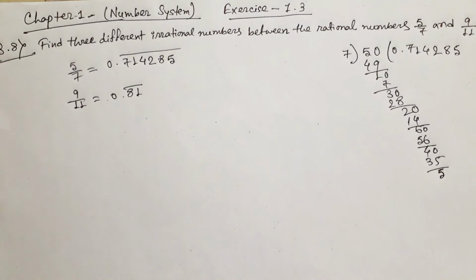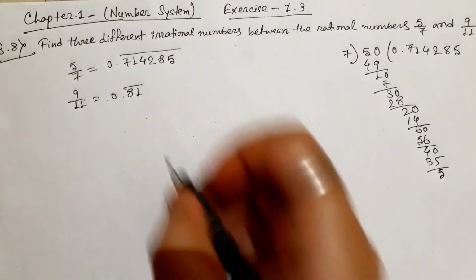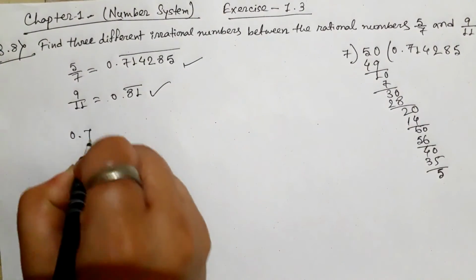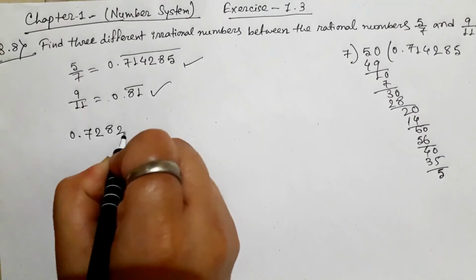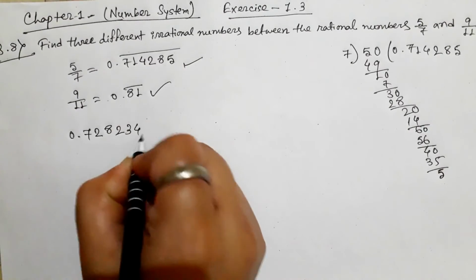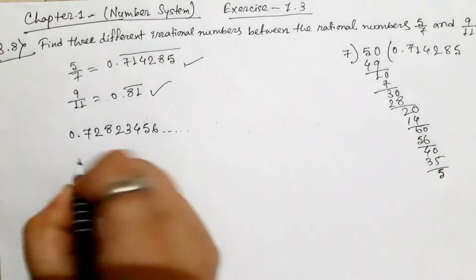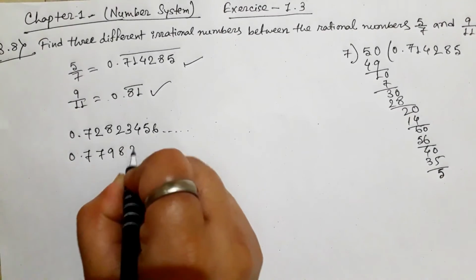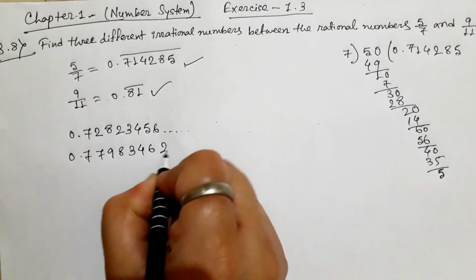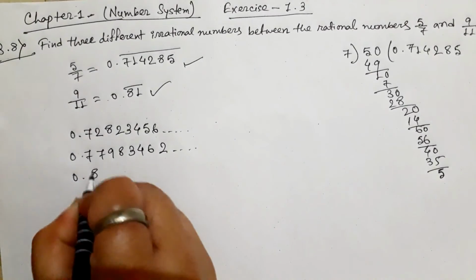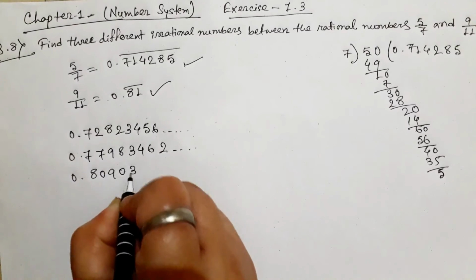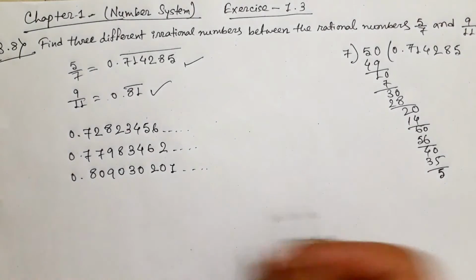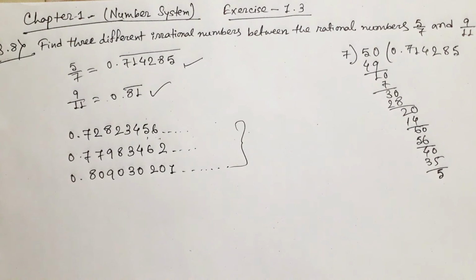But the irrational numbers must be between these two numbers, so we can write like 0.72823456..., 0.7798346..., 0.80900201..., and we can write many numbers like this.